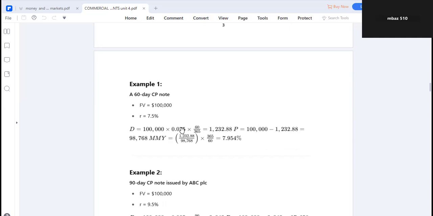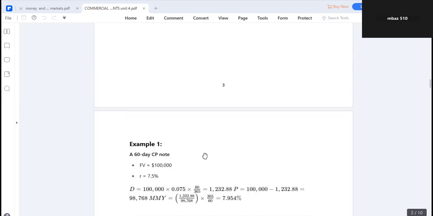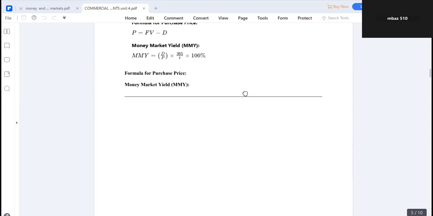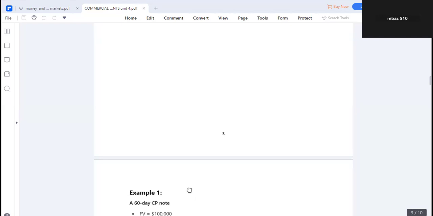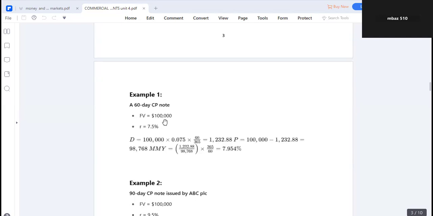Firstly, to calculate the discount, the formula we're going to use is the face value times our discount rate times time over 365. In this case, we are given our face value, which is 100,000. Then in decimal, our discount rate, which is 7.5%. The period of time is 60 days, so 60 over 365.